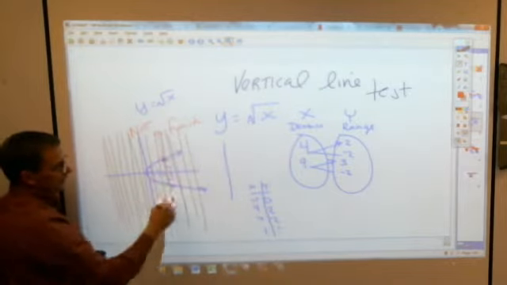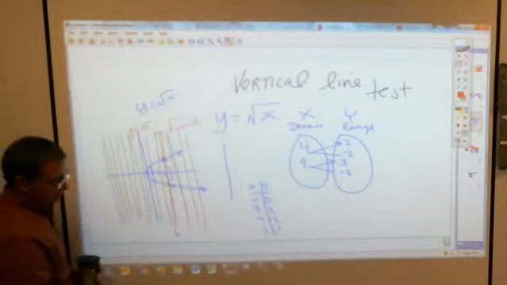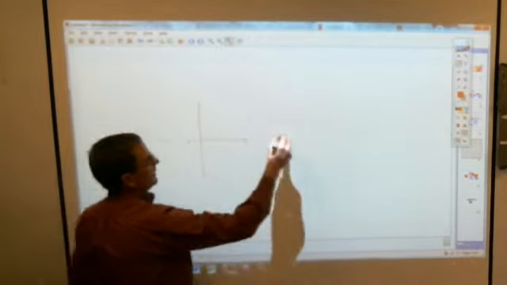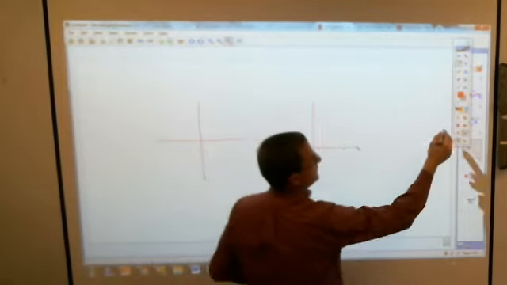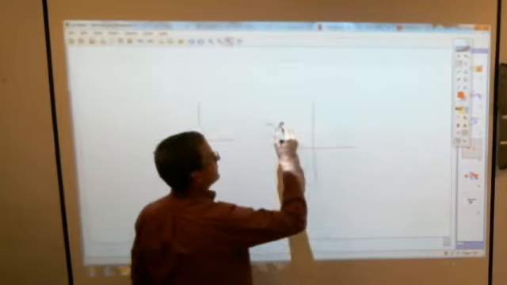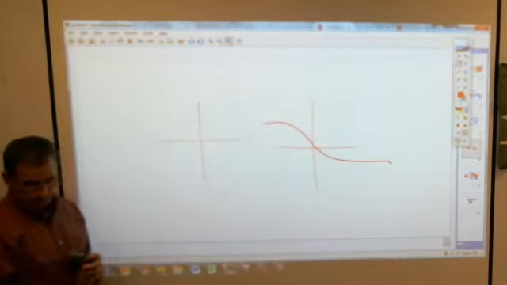Because that one vertical line, there's a bunch of them, you could just pick any of them, you should just be able to look at it and say, oh yeah, that's the vertical line test. Another example, let's say here's my graph. If you had a line that went like this, function or no function? Function.